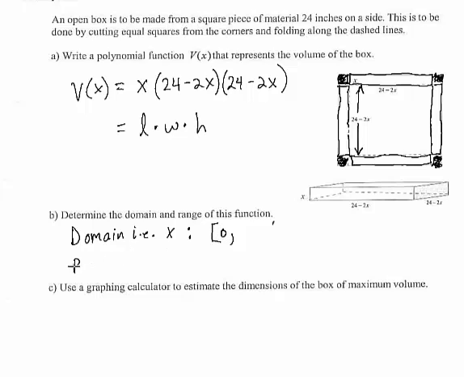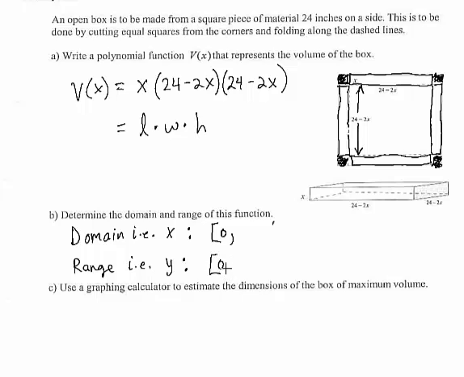As for the range, the y coordinate, in this case, once we put this into our calculator, y is simply going to take the place of our volume. So we don't want our volume to be negative, so likewise the volume would start at 0.